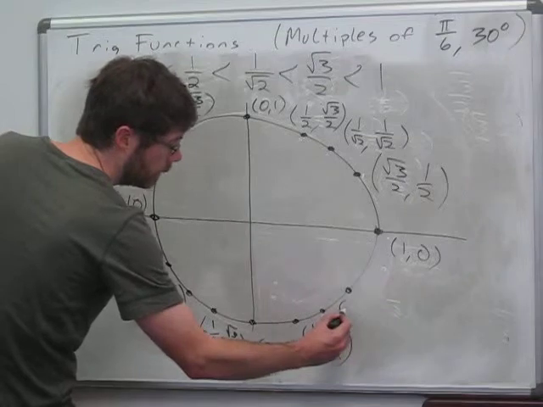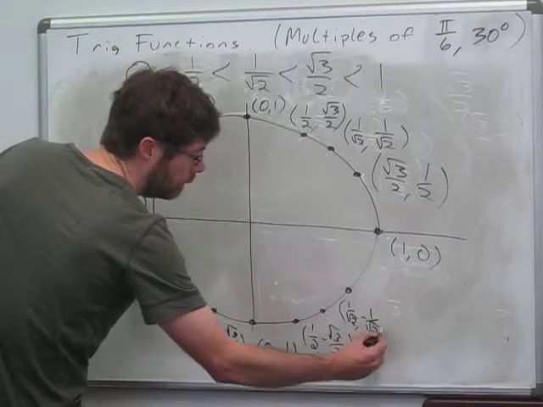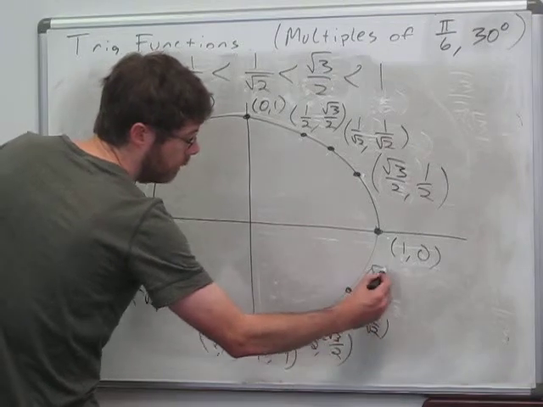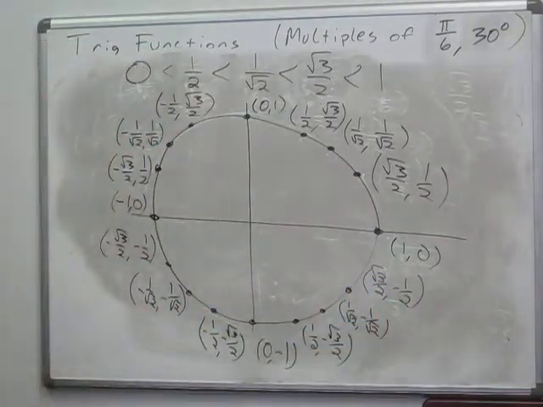And going about the circle in this fashion, we are going to get all 16 points that we care about when we're thinking about special angles.